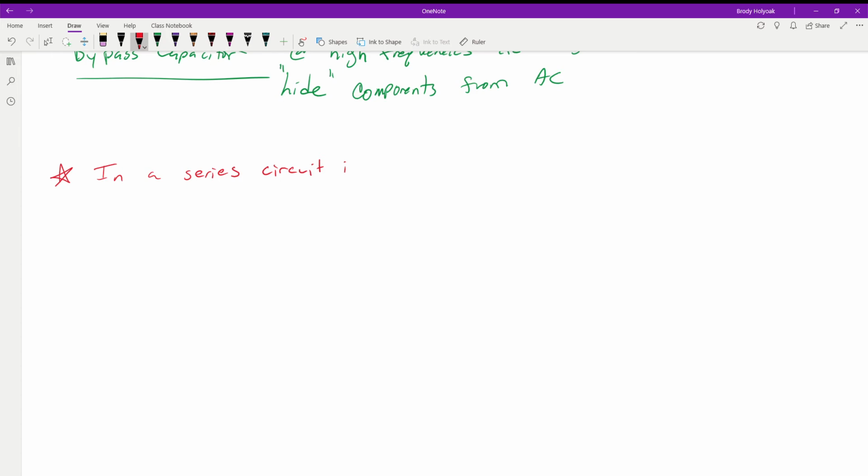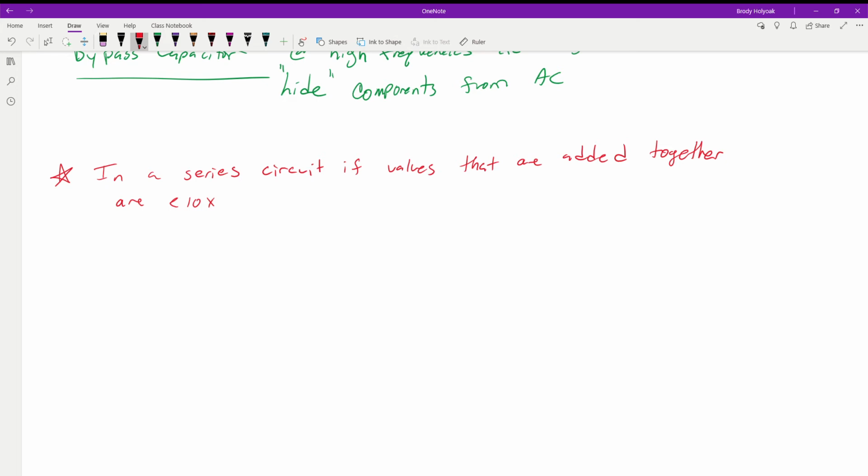If values that are added together are 10, 15, 20 times less than the value we're adding to, we can essentially ignore it and consider it a short for all intents and purposes.